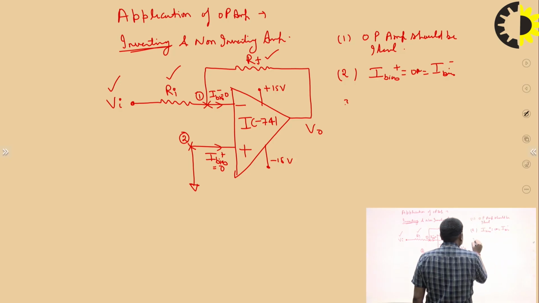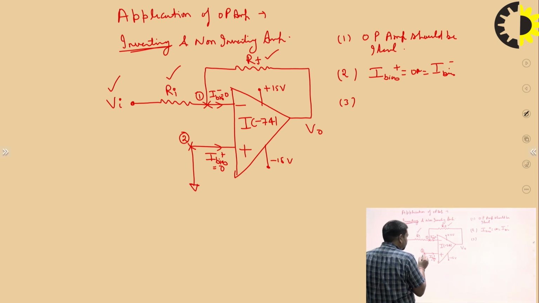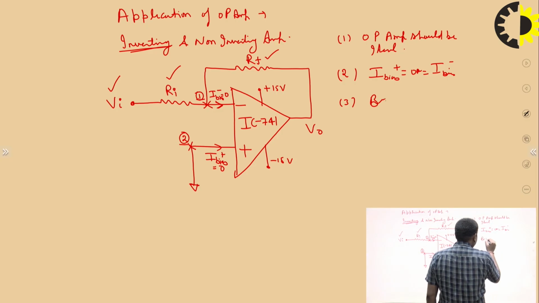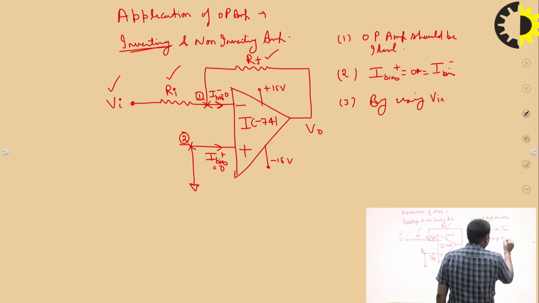The third one is virtual ground. What is the meaning of virtual ground? If node 1 and node 2 have the same voltage, because the input current I bias should be 0, then the voltage at one terminal appears at the other node.